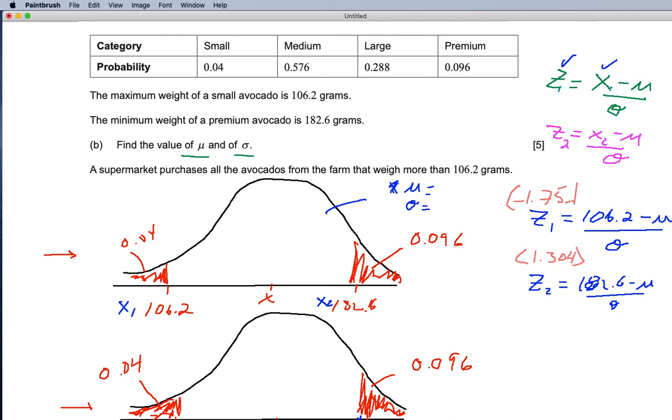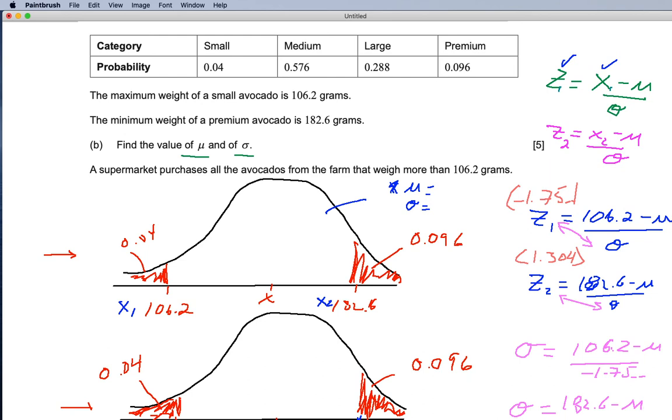So now I have my two equations, my two unknowns, and you can use whatever way you want in order to solve this. I think it's easiest if you move the sigma in Z1, so you have sigma is equal to 106.2 minus mu all over negative 1.75 dot dot dot, and then I do the same thing here, so I have another sigma is equal to 182.6 minus mu divided by 1.304.